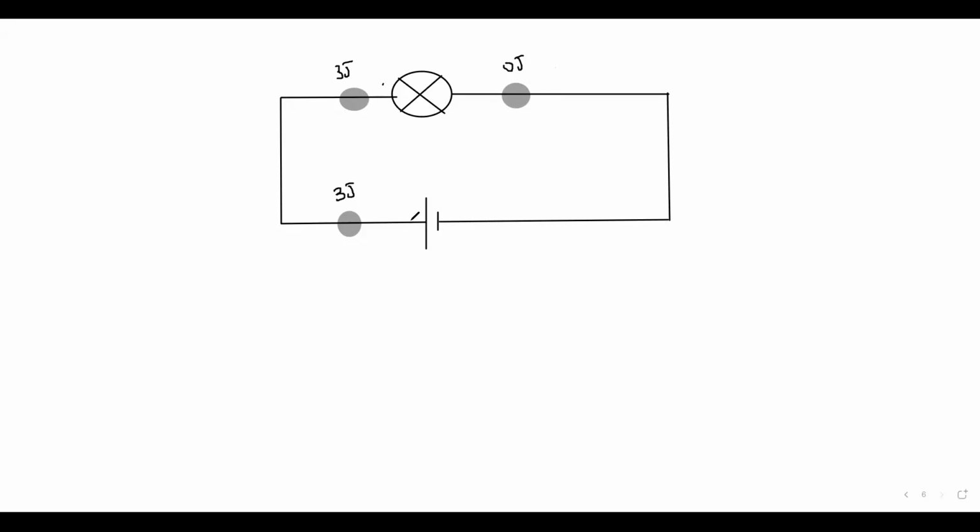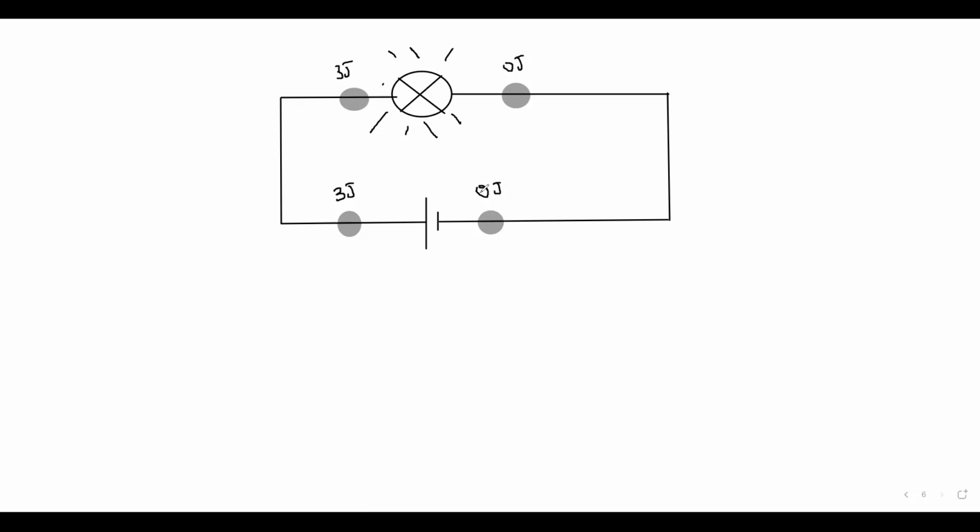So what happened, when the charges are coming out from the battery, they're actually transferring their energy to the component, so that if this was a lamp, the lamp will light up. And then the same charge has 0 joule of electrical energy, which means it does not have any energy to transfer. It has kinetic energy to return back.